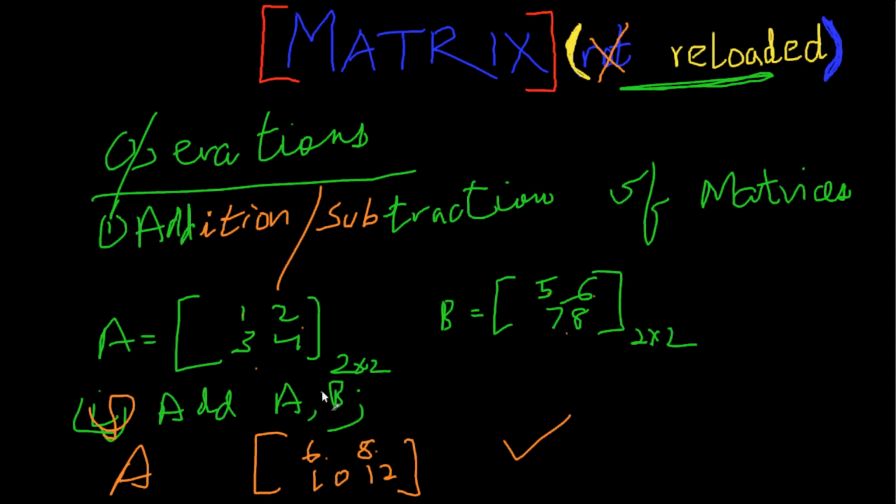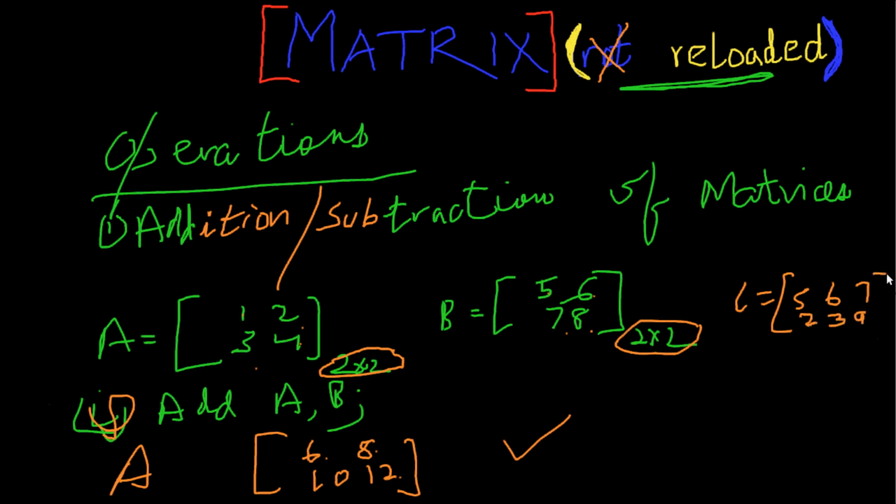You just added two matrices. One thing you have to keep in mind is you can only add two matrices if their orders are the same. Suppose you have another matrix C, which equals 5, 6, 7, with another row 2, 3, 9. The question says add A plus C. Not possible, guys.